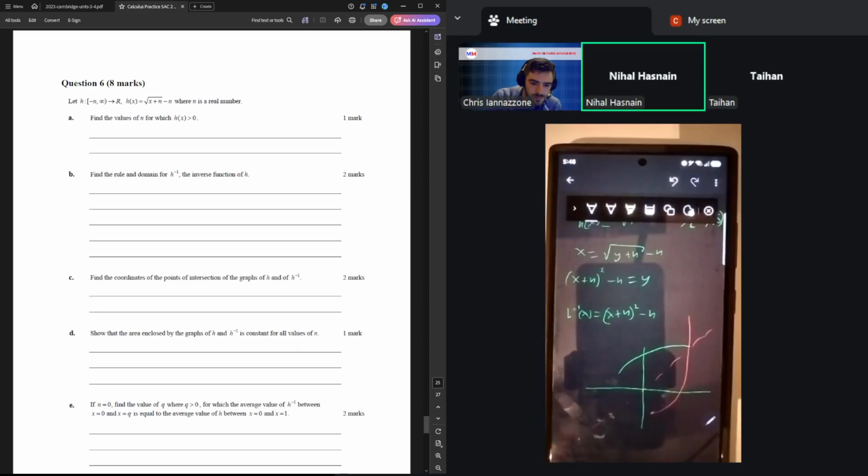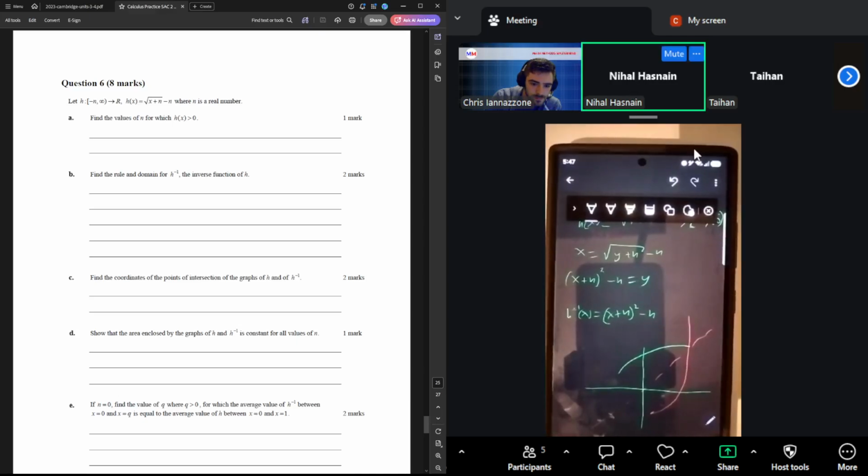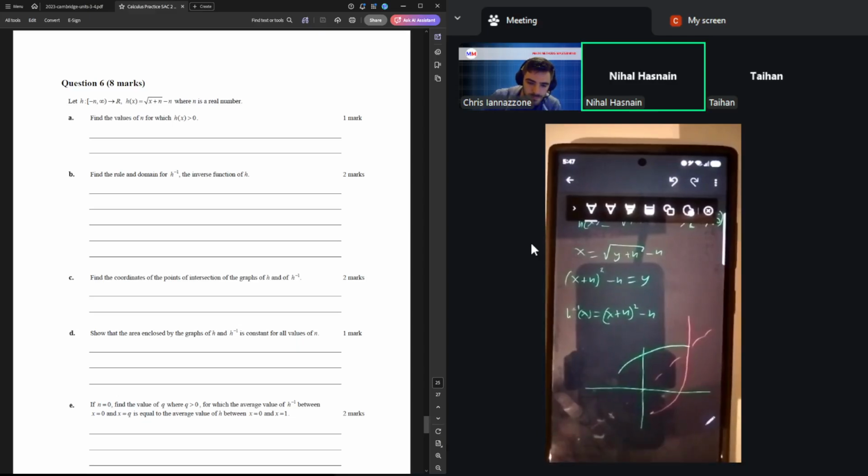This might be a bit unrelated, but when I was doing my SAC this year, I noticed something. Well, I was supposed to notice it. So the graphs that we were given, we had to find the inverse of it and stuff, and I did not know or never thought about it that the inverses can intersect outside of the y equals x line.